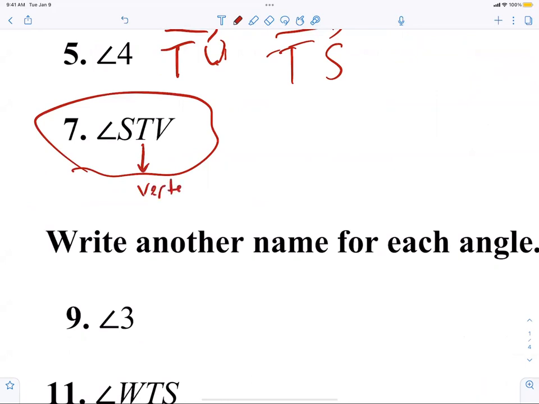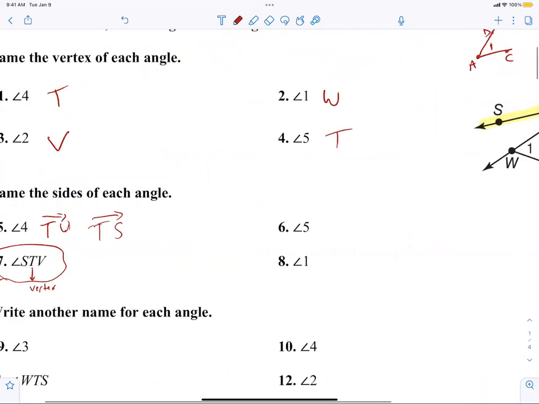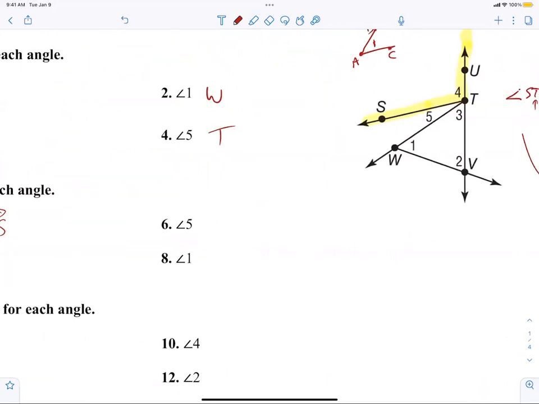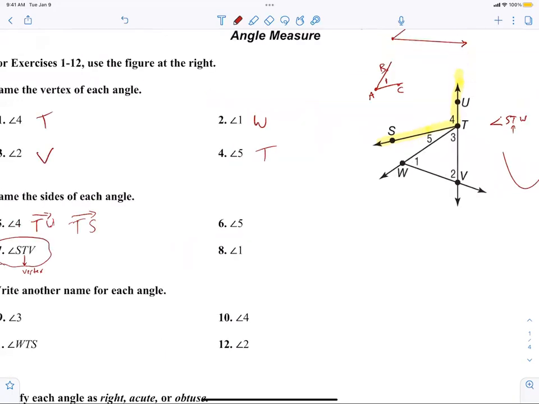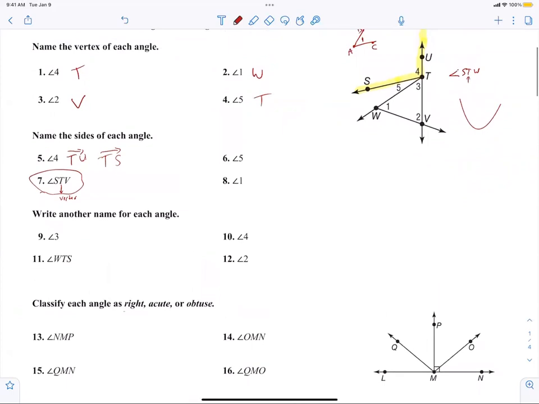Vertex. Make sure you know that. And again, angle 1 then we would say is what? Ray WT and WV. Agreed. All right, now you just have to write another name for each angle. Angle 3 could be called angle what?